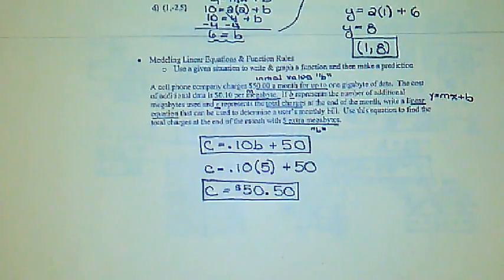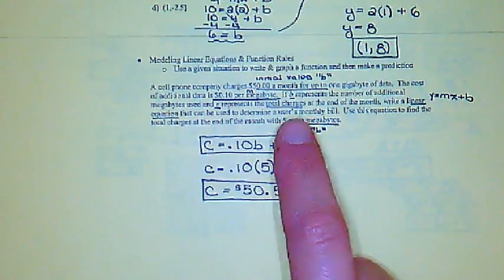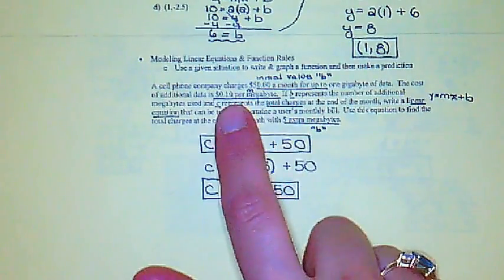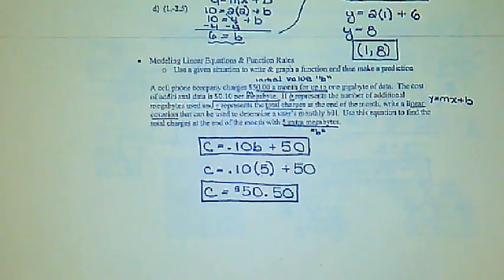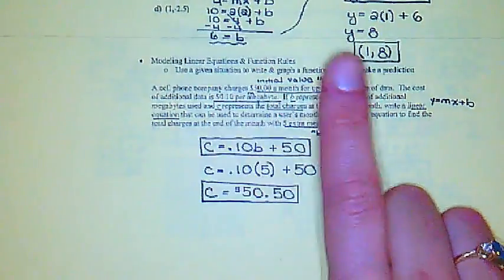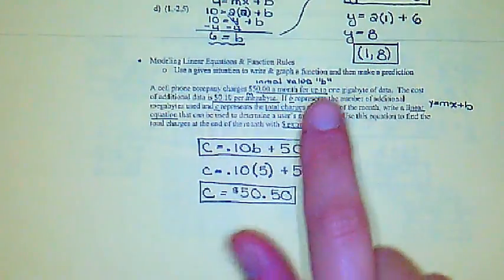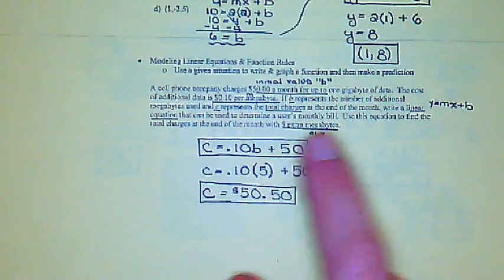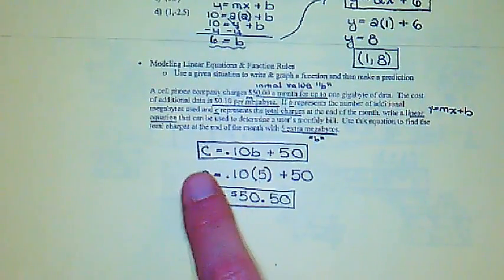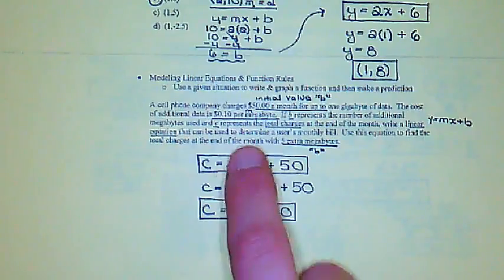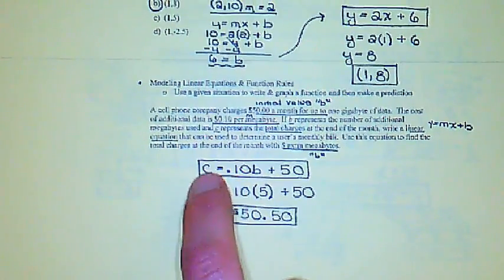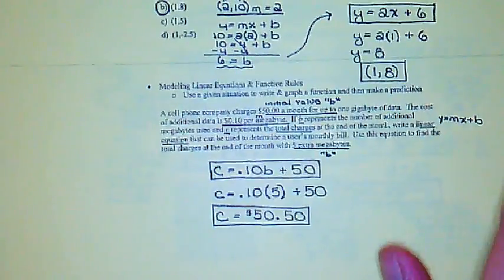So it's $50 a month, and then you have to add 10 cents for each megabyte. They said B is the additional megabytes. If they give you a variable, you always want to use the variable that they gave you. They said C is the total charges, so that's why C is on this side, and then B is what you're multiplying by the 10.